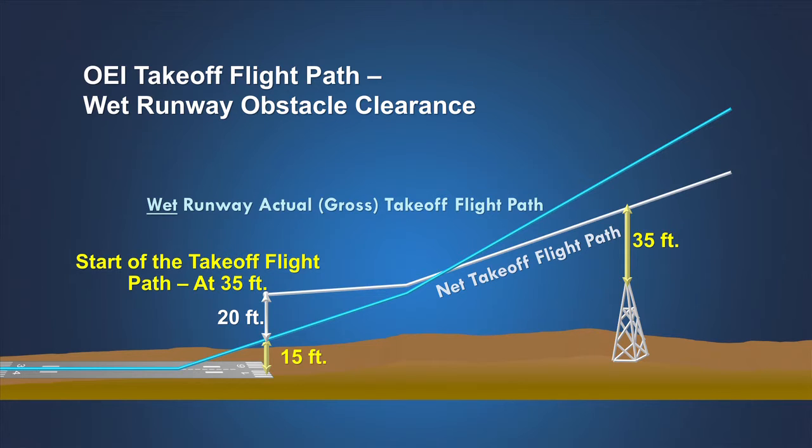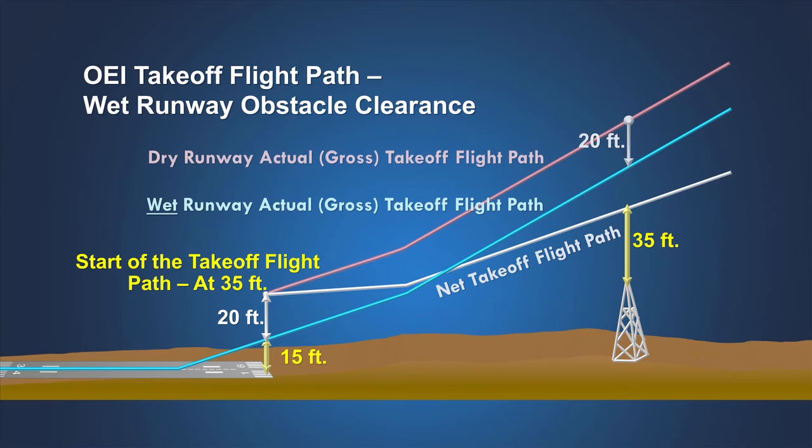Because the airplane is allowed to be at a height of 15 feet above the runway surface at the end of the one engine inoperative takeoff distance for a wet runway, the airplane can be 20 feet closer vertically to the obstacle after taking off from a wet runway compared to taking off from a dry runway. Of course, if there is no engine failure during takeoff, there is no difference in the flight path of the airplane taking off from a wet runway compared to taking off from a dry runway.